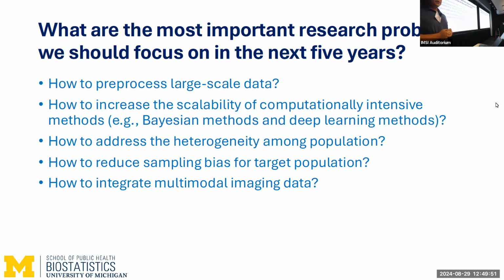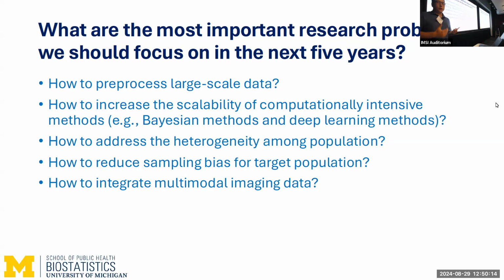Also, in population-scale neuroimaging data analysis, we need to address heterogeneity, which is becoming more and more common in large-scale imaging studies. There are different types of heterogeneity, and I will illustrate some of our experience with that.